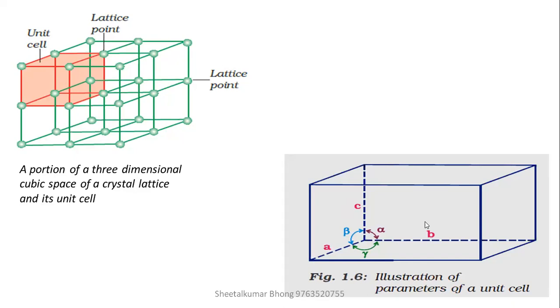There are 7 different crystal systems. Out of these 7 crystal systems, we have taken the example of the cubic unit cell. Each unit cell has edge lengths.